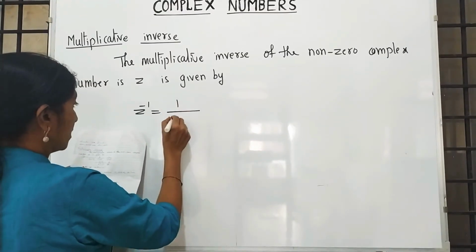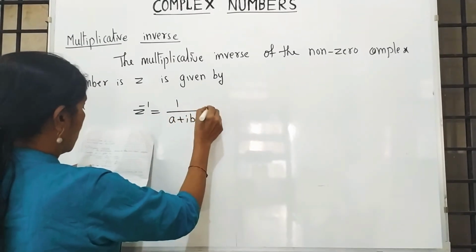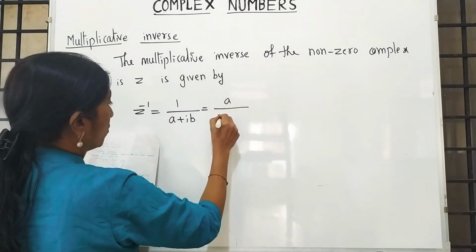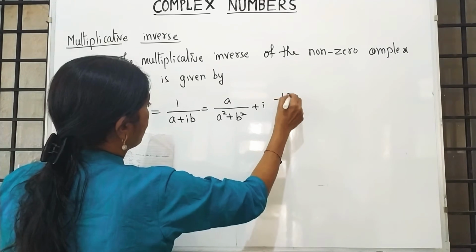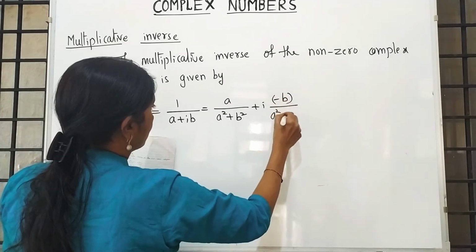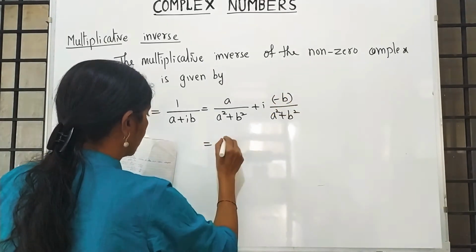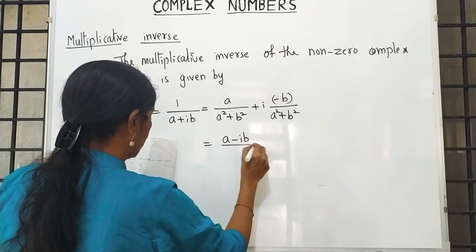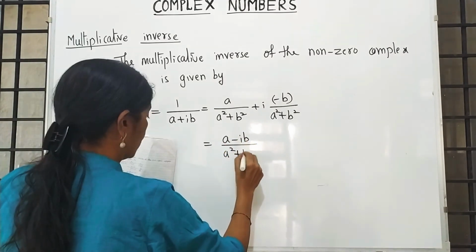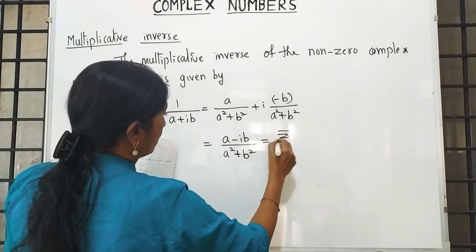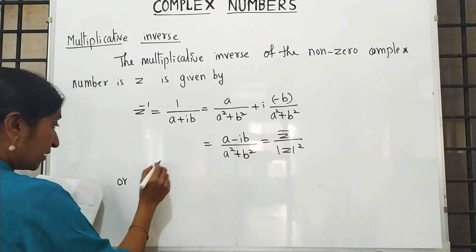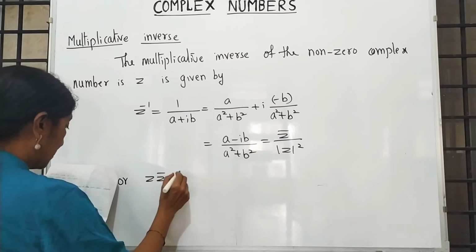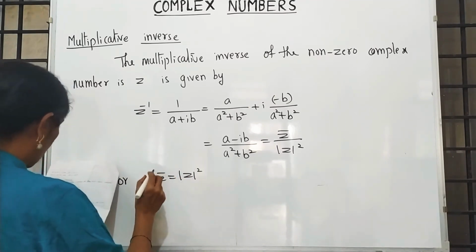It is 1 upon a plus ib, and already I explained that concept, how we got that. Or this implies z into z bar is equal to mod z square.